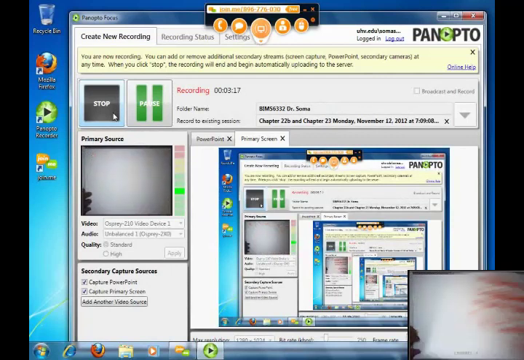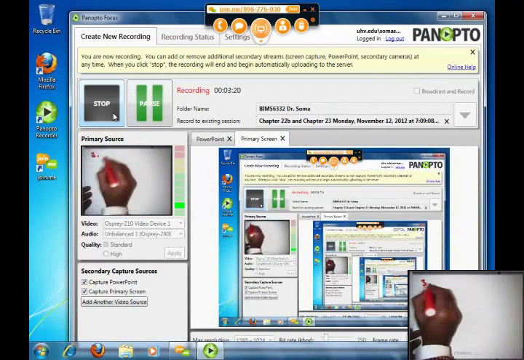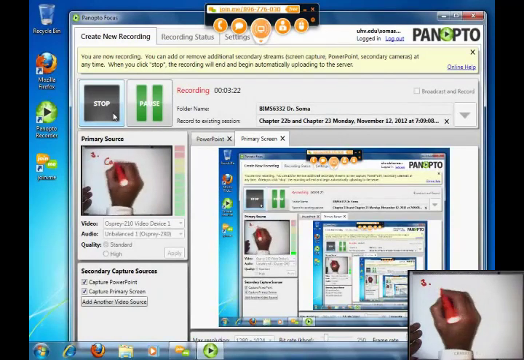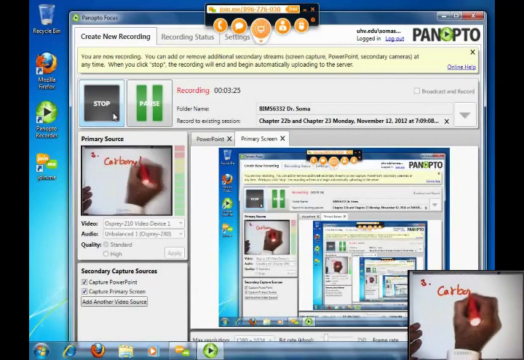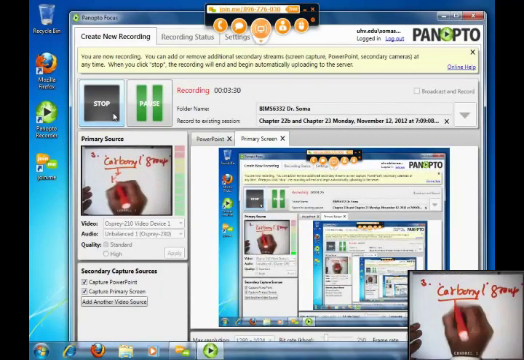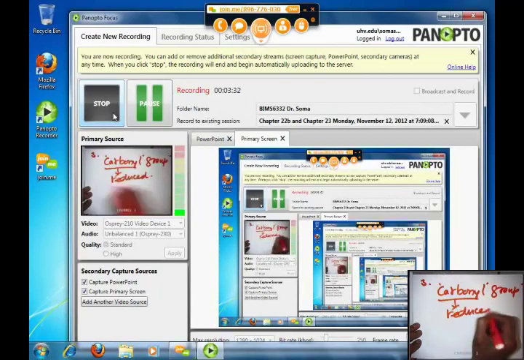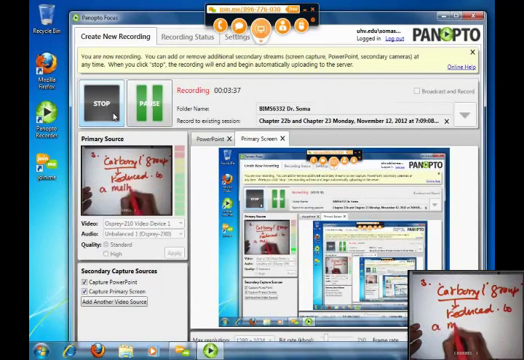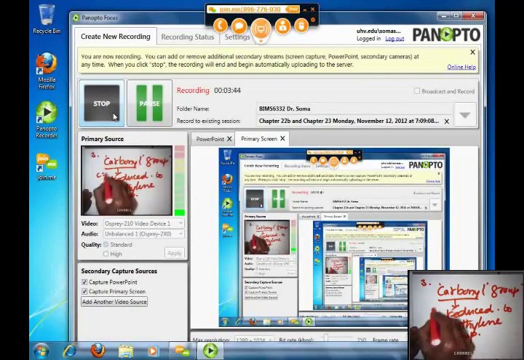Now the third step: the carbonyl group is reduced to a methylene group. Carbonyl group means C double bond O. The C double bond O, this carbonyl group, will be converted to a methylene group, meaning CH2.